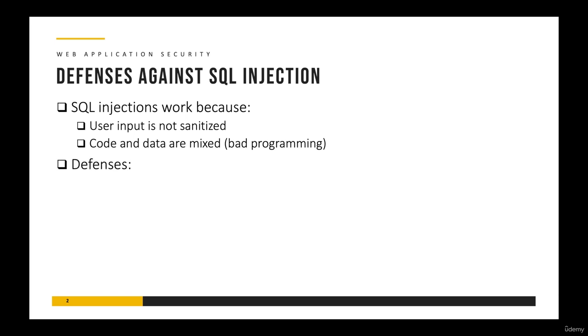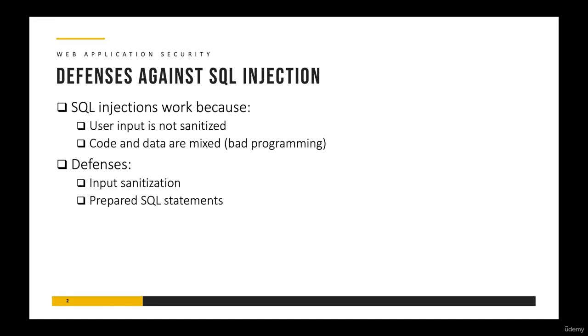Now there are a couple of defenses which we can use against SQL injection attacks. The first is obviously input sanitization. If we can somehow sanitize the user input, check for and remove special characters such as single quotes, double quotes, angle brackets, slashes, and so on, then we can mitigate SQL injection attacks. The second defense is more sophisticated and even better, called prepared SQL statements or parameterized SQL statements.